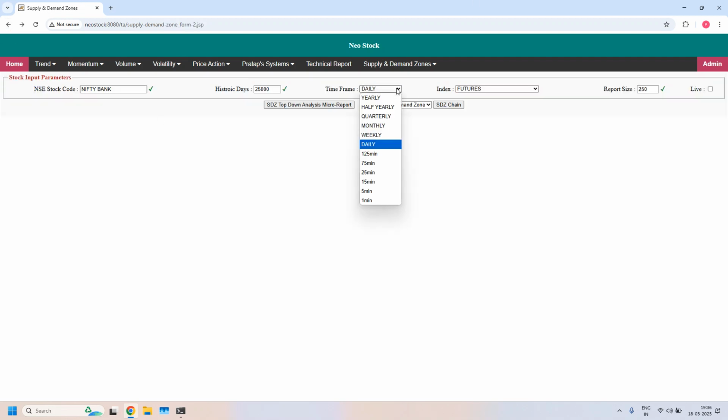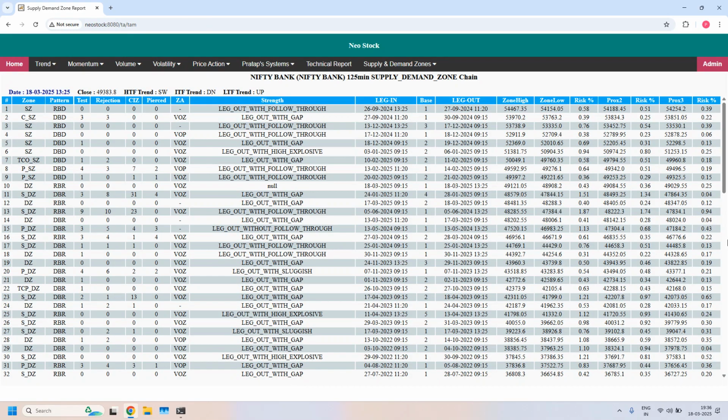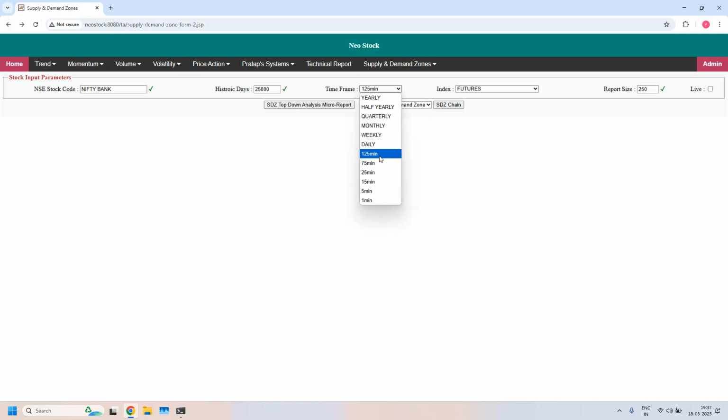Next, 125 minute supply demand zone chain for Bank Nifty. Next, 75 minute supply demand zone chain for Bank Nifty.